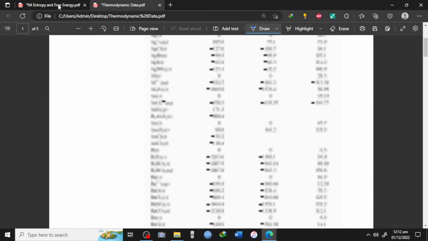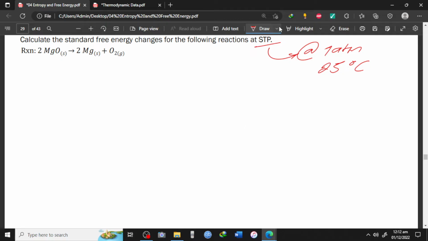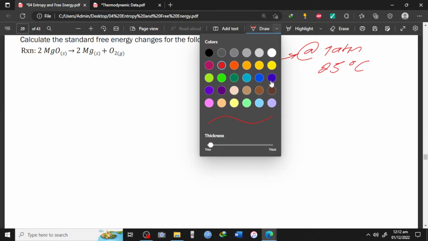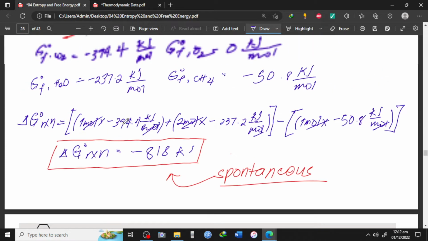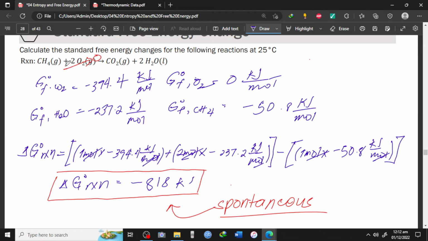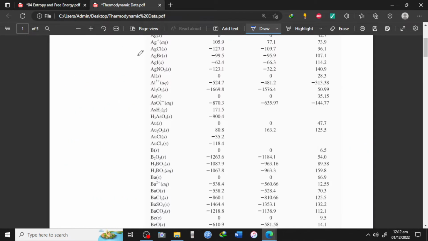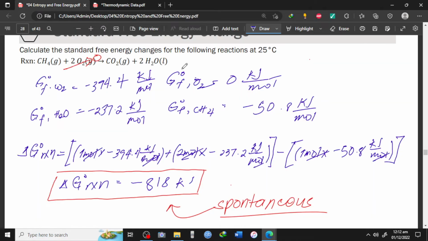So, in this particular example, students, ulitin ko, kayo na lang gagawa niyan para may practice kayo. Sundan nyo lang yung ginawa ko sa taas. Titignan mo lang yung number of moles nila, tapos i-multiply mo sila sa value na makukuha mo dito sa thermodynamic data, pero dapat product minus reactant.